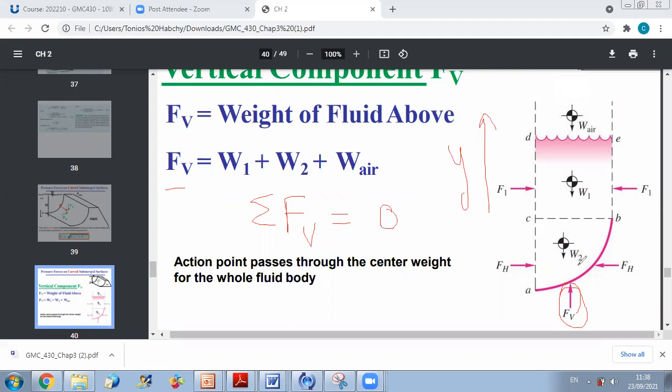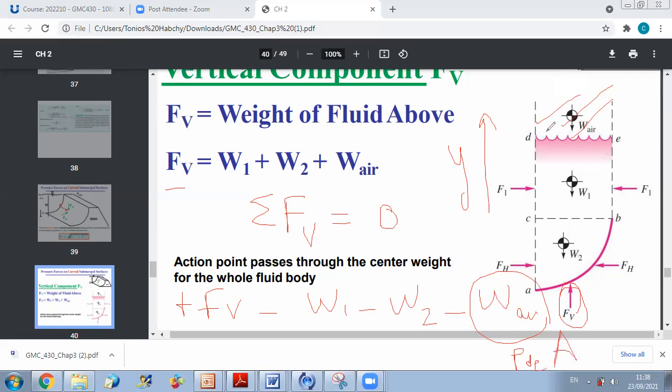As you can see, you have plus F vertical minus W1 minus W2 minus, if you have air here, minus W air, or you can replace it by the pressure exerted on dE, P atmospheric or P at dE, times the area, this area here.